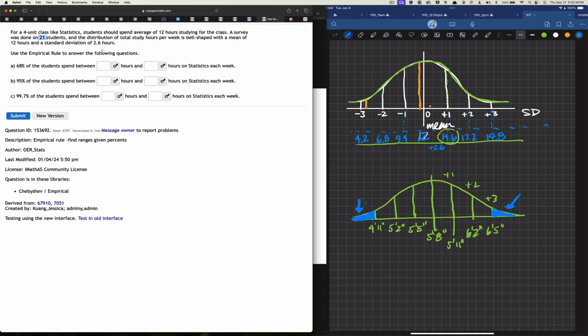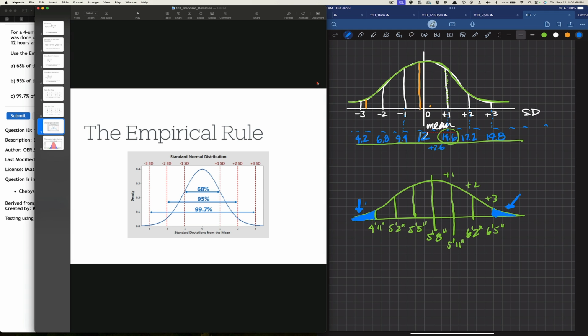That's what the statistics would tell us if we had data that was normally distributed, meaning it fits under some curve like this. Now, the empirical rule, and it's true of any normal distribution, whether it's this one here with a mean of 12 and a standard deviation of 2.6, or a mean of 5'8" and a standard deviation of 3 inches. Okay?